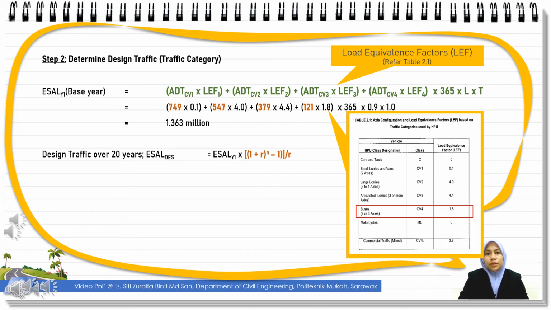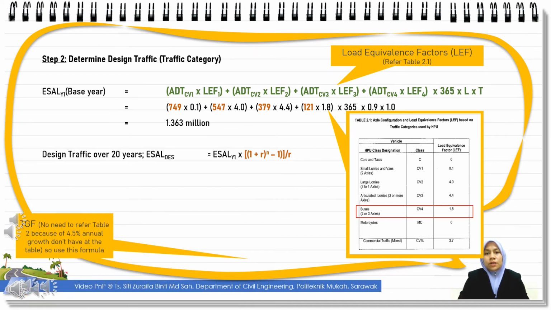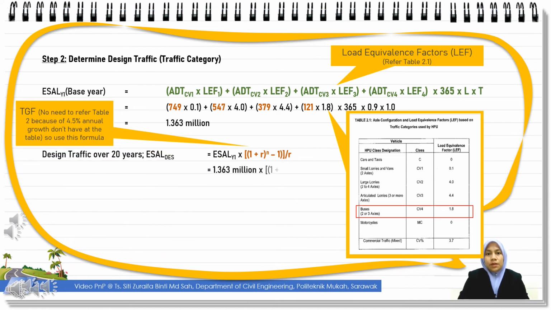So you need to use the following formula. When you get the value of design axles, you must refer to table 2.5 and match with the suitable value from the list of traffic category.